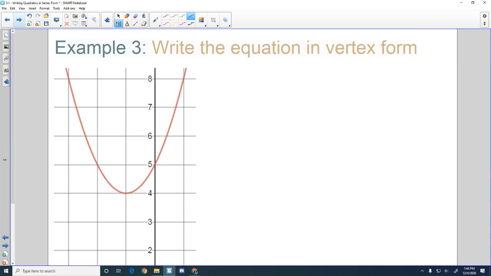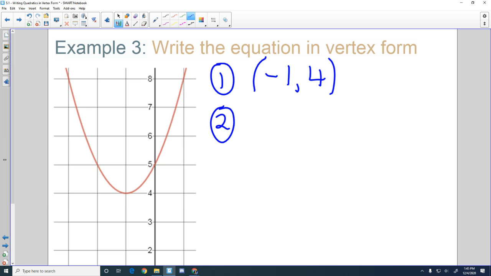Because it's the pattern. Because A equals 1. Yep. There's no flip. So the only thing we need to worry about is H and K. What are the coordinates of the vertex? Negative 1, comma 4. What's A? Right 1, up 1.